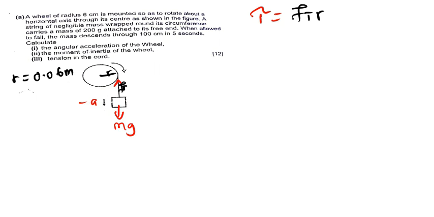What else? I also have the mass. The question says it carries a mass of 200 grams attached to its free end, so this is the mass we're talking about, I'll put m. Now the mass is 200, I divide by 1000, so 0.2.